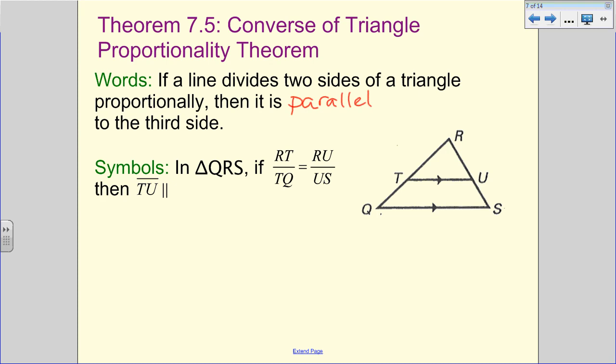And so what that means here is that if RT to TQ is equal to RU over US, then we know that TU, this segment, will be parallel to QS, this third side of the triangle.